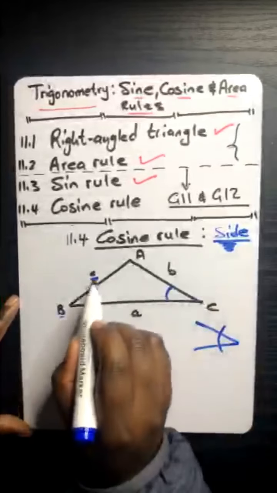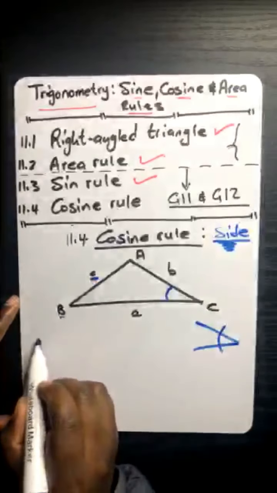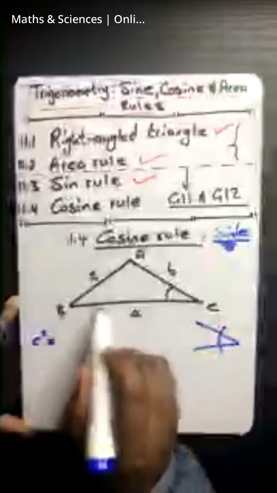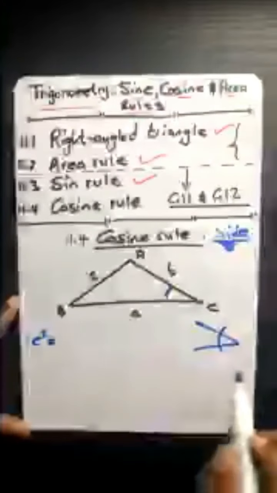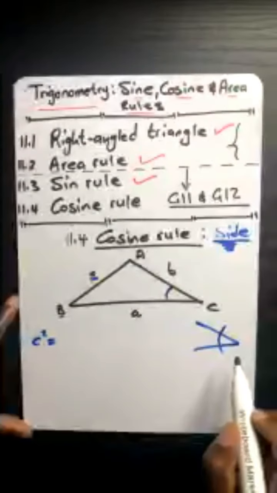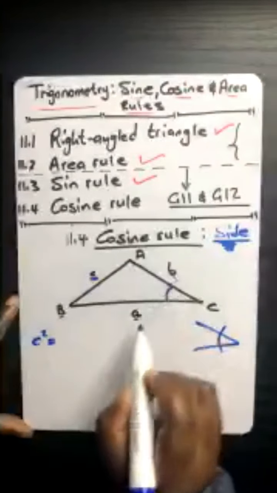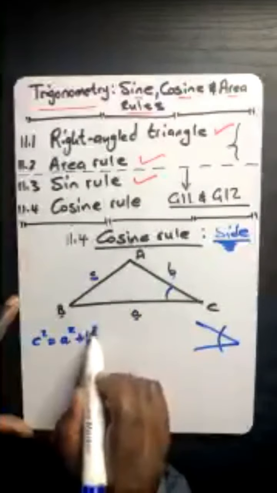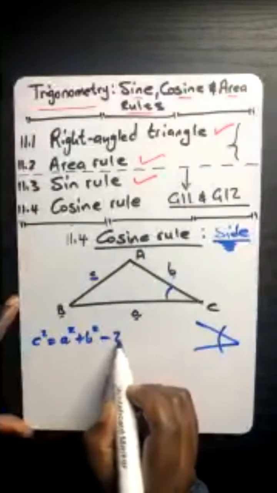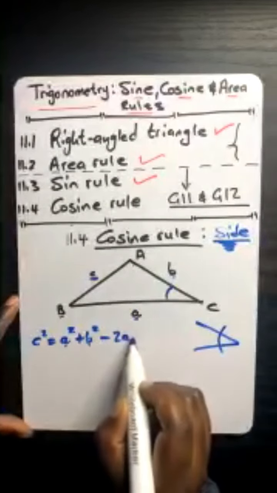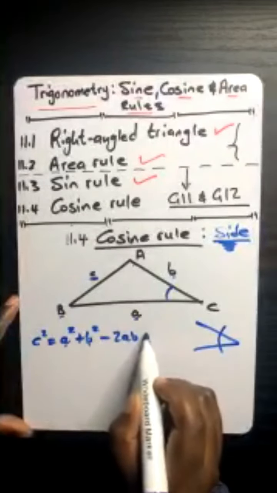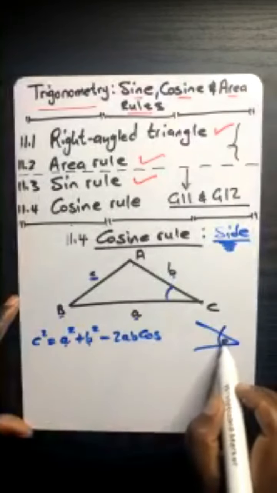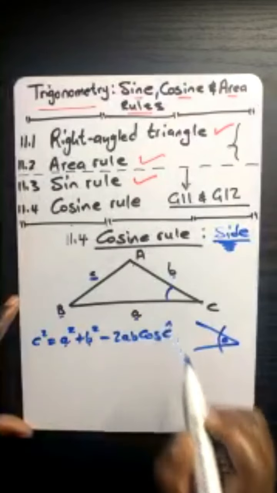So C squared is going to be equal to, alphabetically A comes first, then B, so A squared plus B squared minus 2 of those same letters, A times B, because it's the cosine rule, cos of that same angle, angle C.